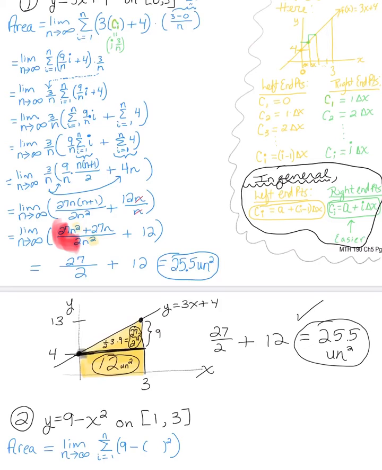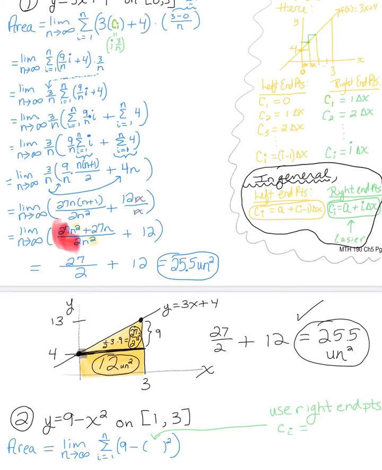So now I need to look at my representation for my c sub i. We're going to default to the easier representation of c sub i. So, as you can see up above from the last video, we are going to use the right endpoints for our c sub i representation.